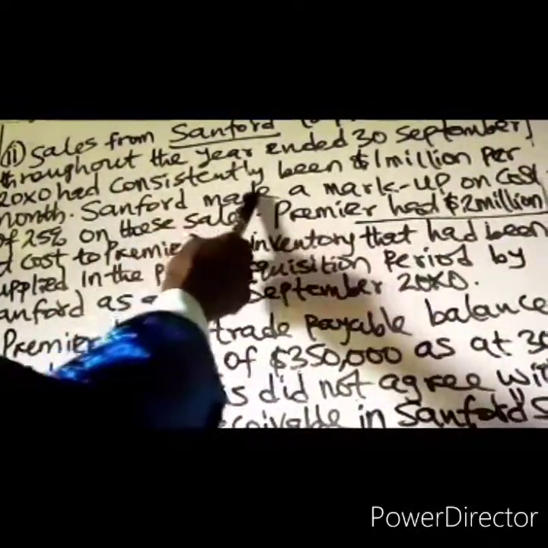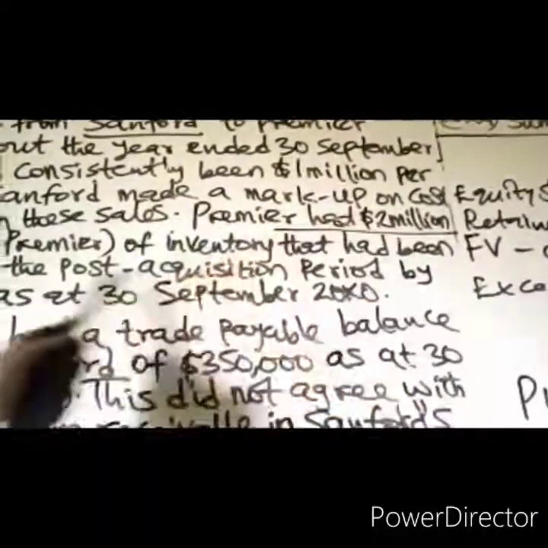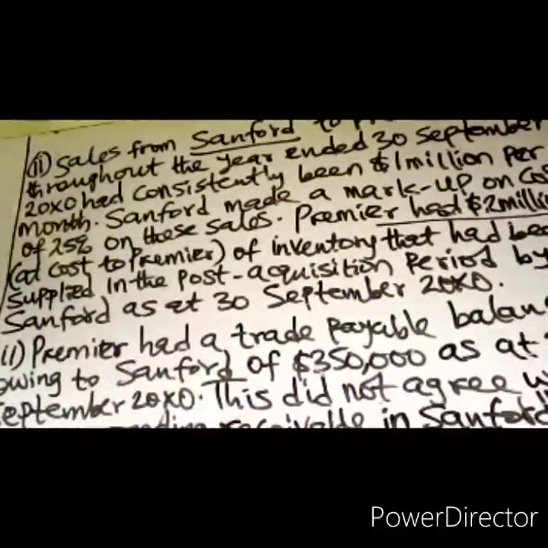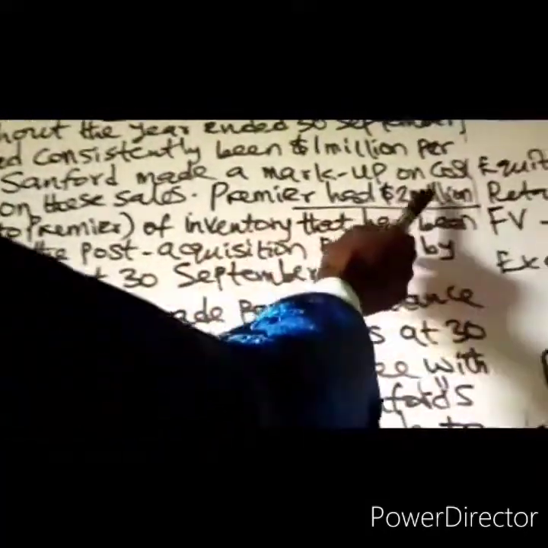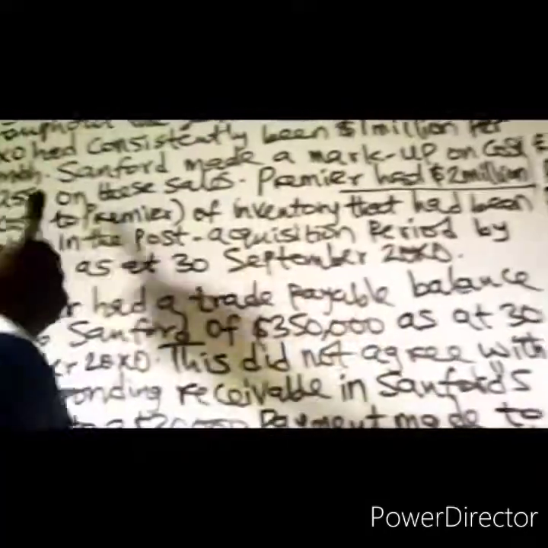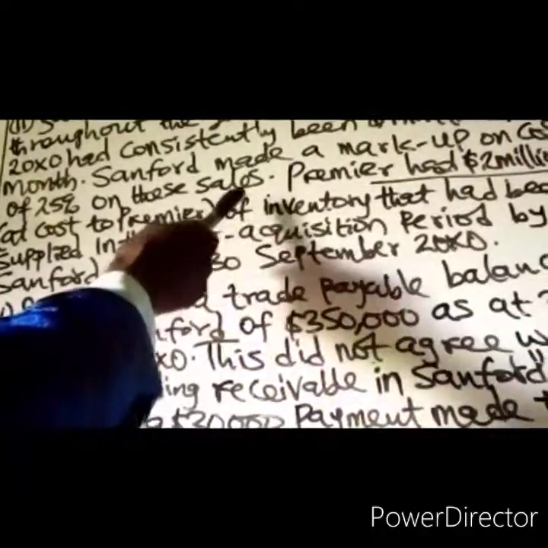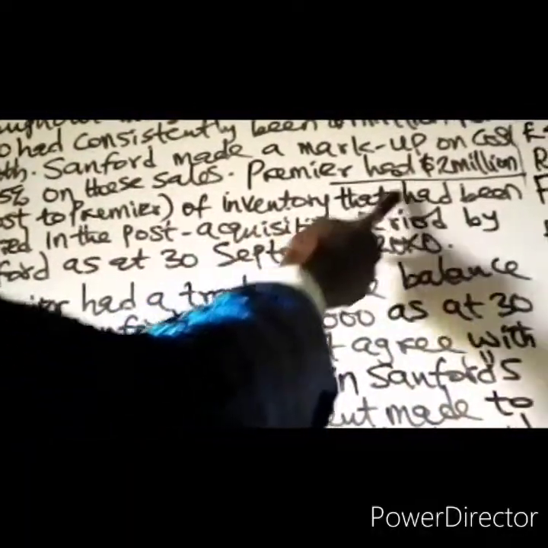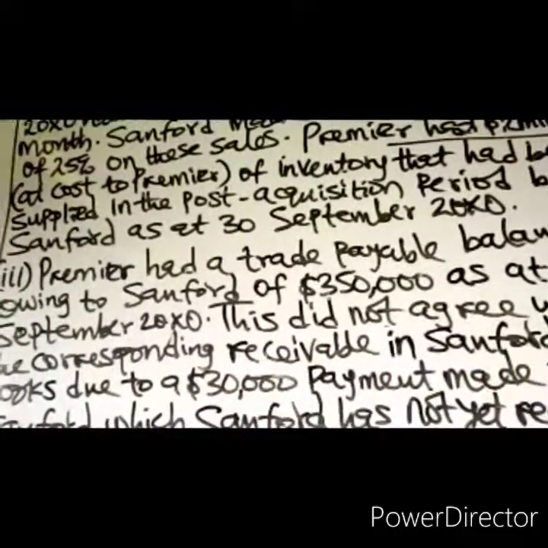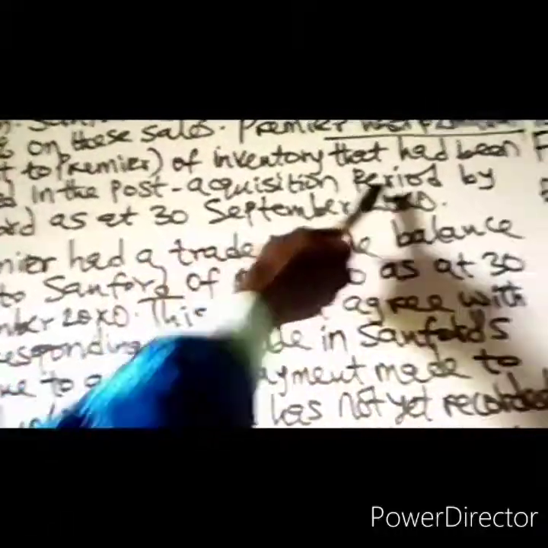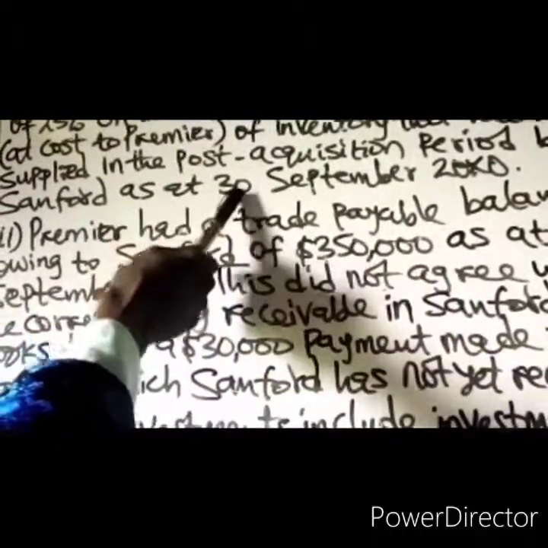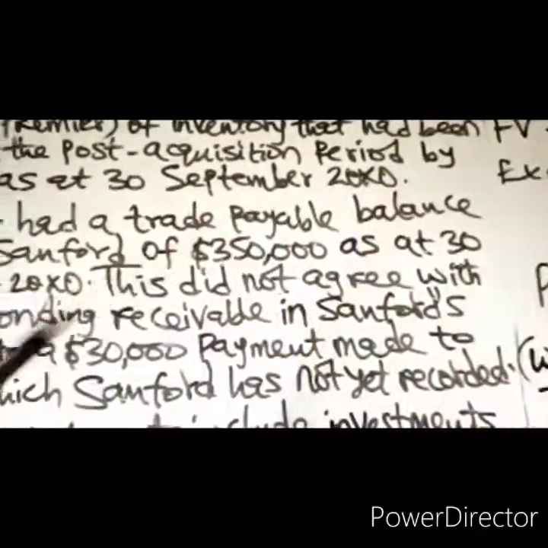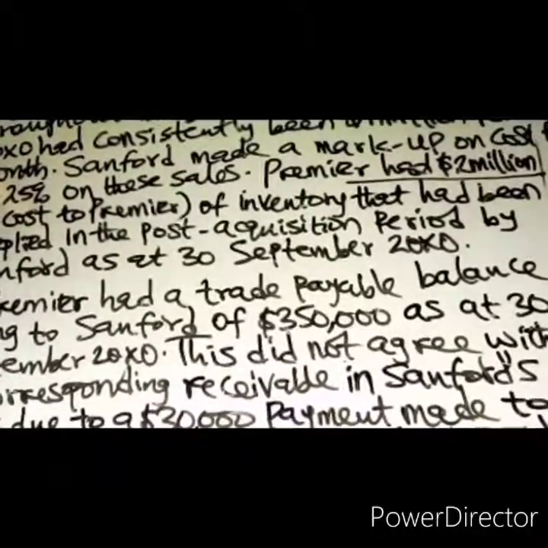Sanford made a markup on cost of 25% on these sales. Premier had 2 million as cost to Premier of inventory that had been supplied in the post-acquisition period by Sanford as at 30 September 20x0.